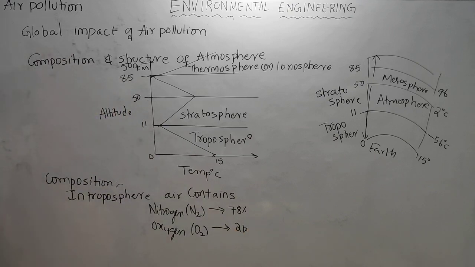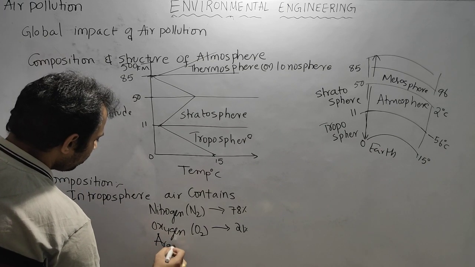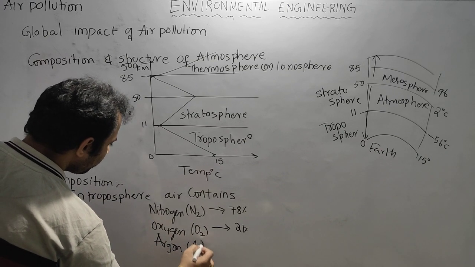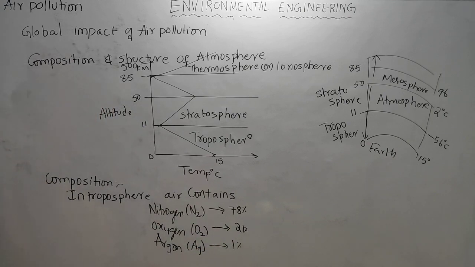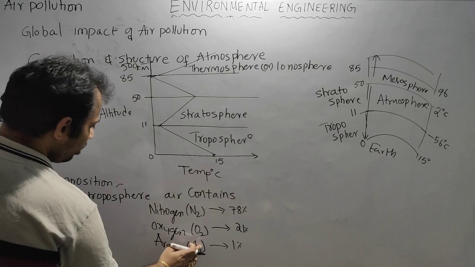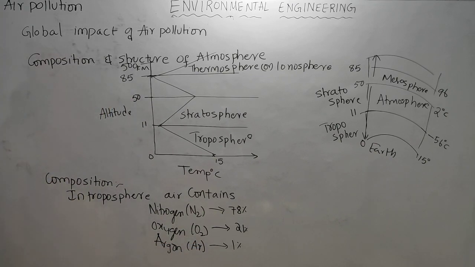These are approximate values. And argon 1%, an inert gas. Ar is argon. And carbon dioxide 0.03%.